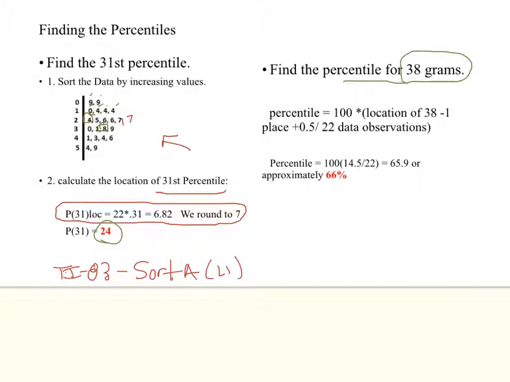So the location of 38, 15 minus 1, is equal to 14, but we add 0.5 to that, because it's greater than that, and we divide by 22 observations again. That gives us 65.9, which is a percentage, and technically we can round up to 66%. So the 38 grams is at the 66th percentile in the data set.